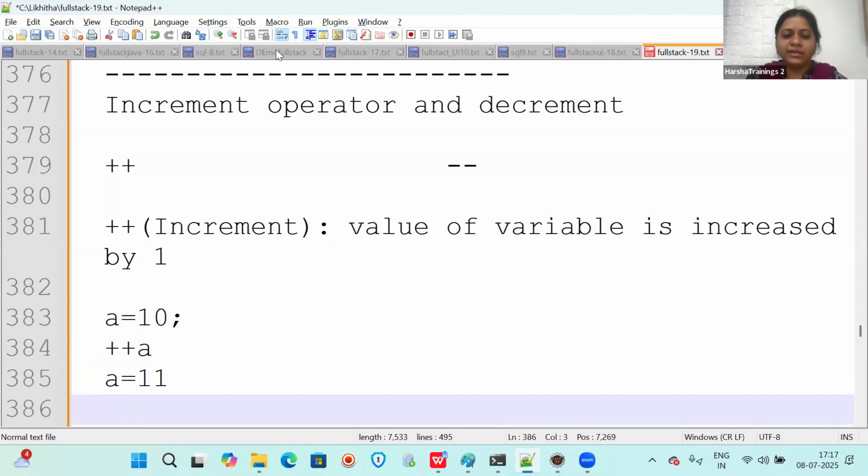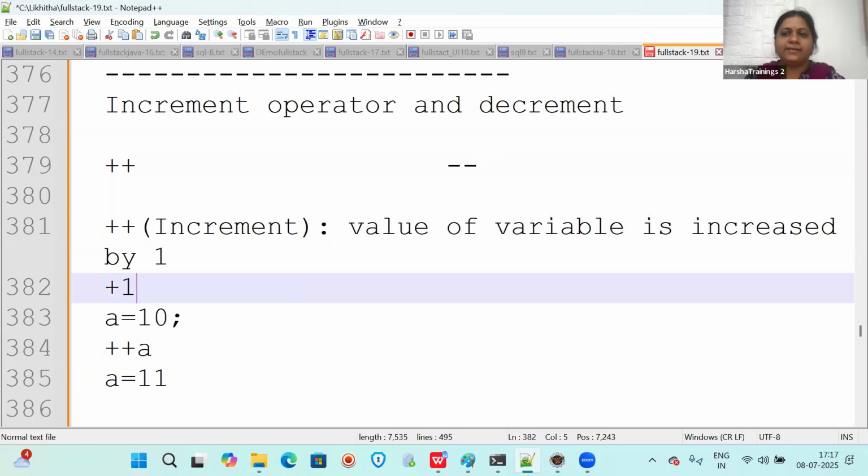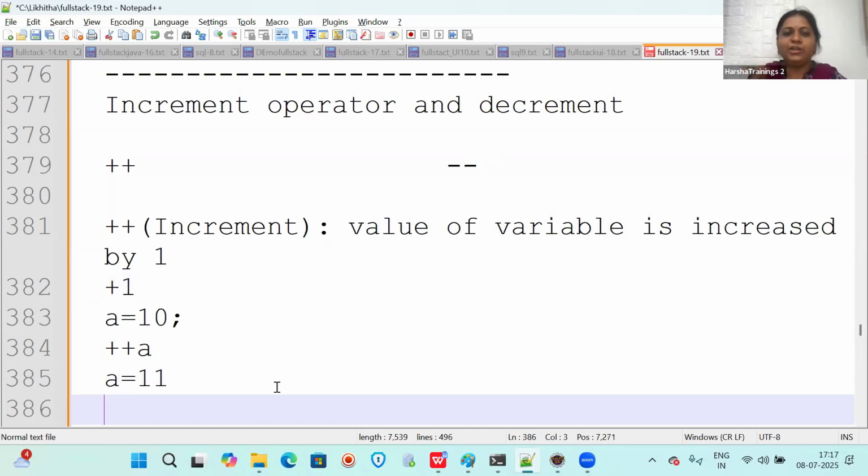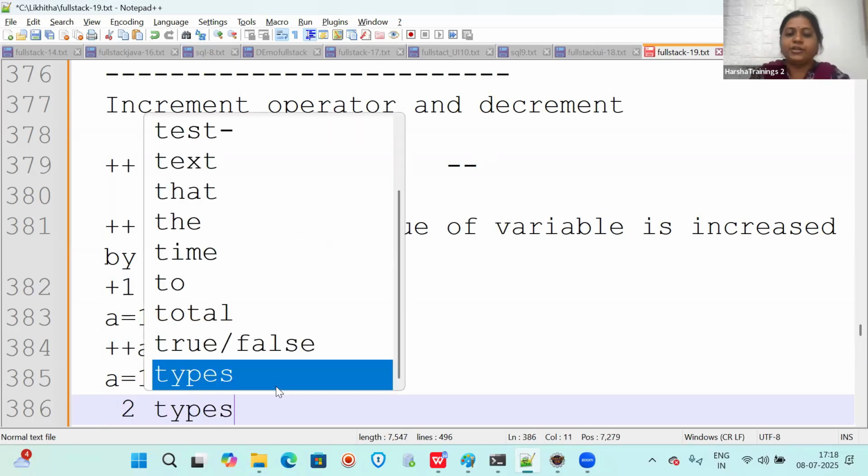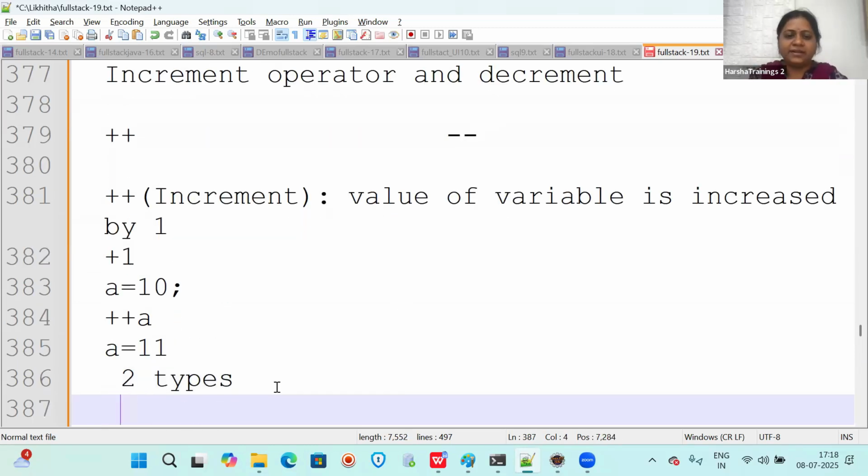It is adding what? Plus 1. The value is incremented by 1 means it will add plus 1. Now, in this increment or decrement, we have again two types. We have two types of increment and two types of decrement. So, what is the first one?